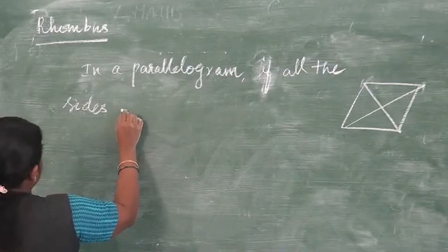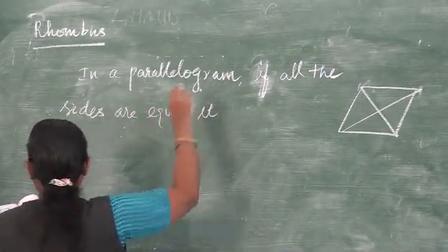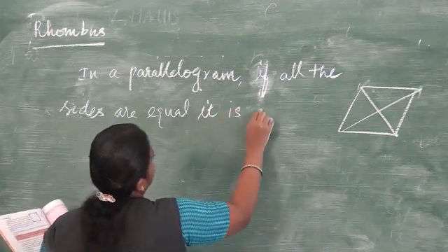If all the sides are equal, it's called a rhombus.